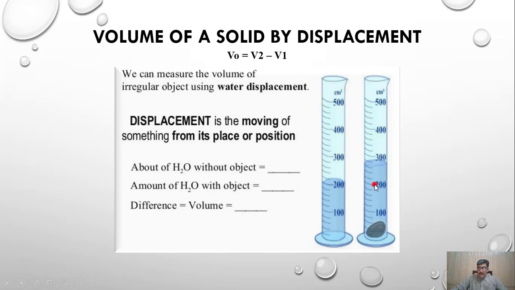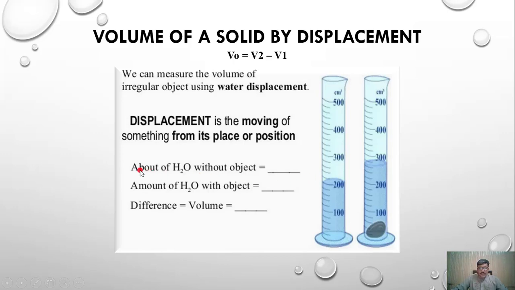In between the 200 and 300 marks, we have 1, 2, 3, 4, 5 divisions. So one mark is equal to 20: 200, 220, 240, 260, 280 and 300. So you can say that the volume of the liquid now is 260.